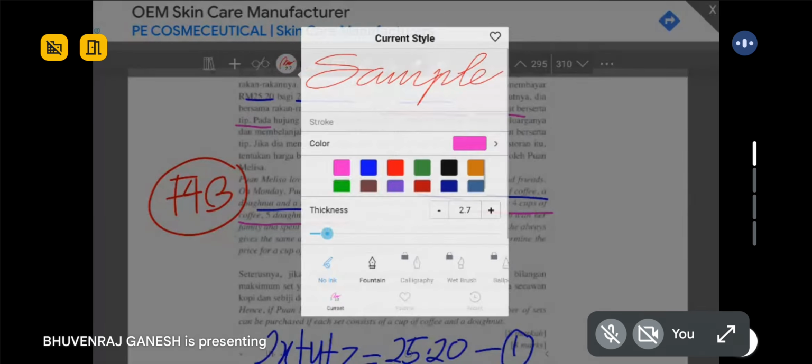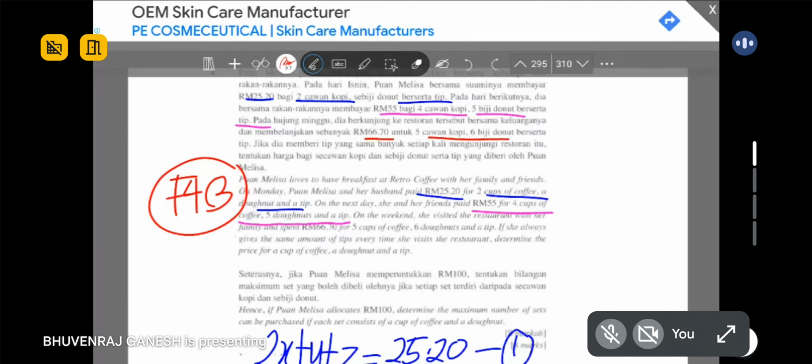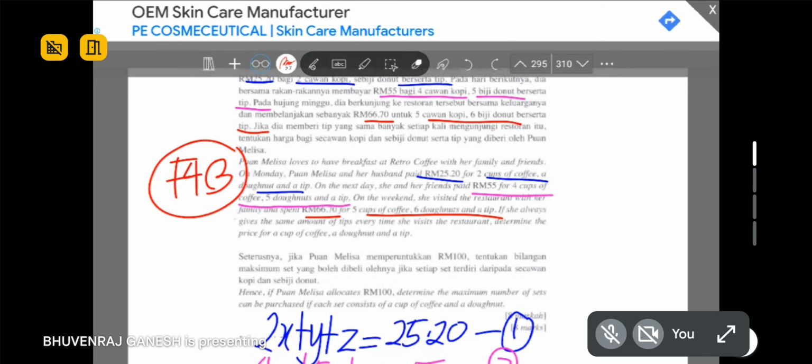Okay, last one. Can you tell me final equation? This one? Yang ni yang terakhir. So what is your equation? 5x plus 6y.